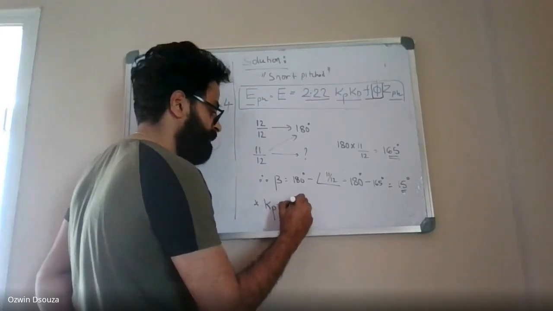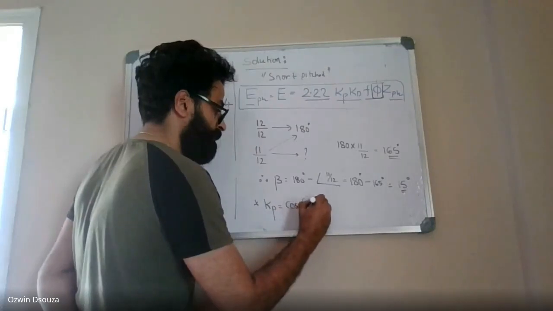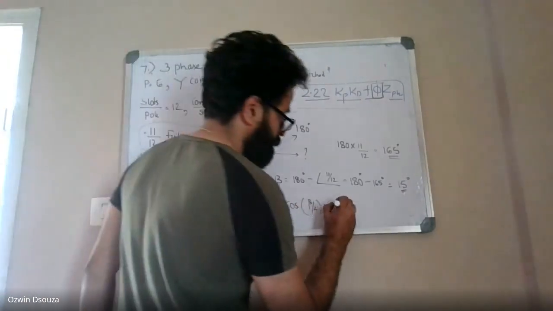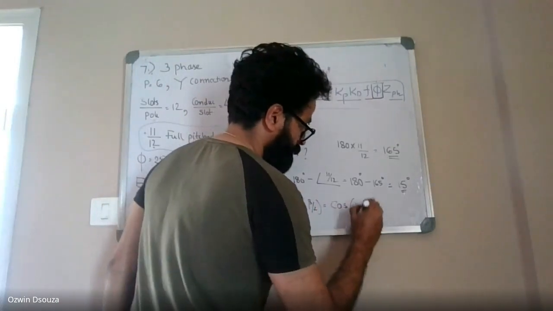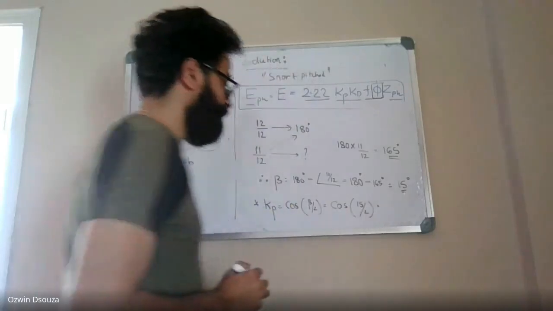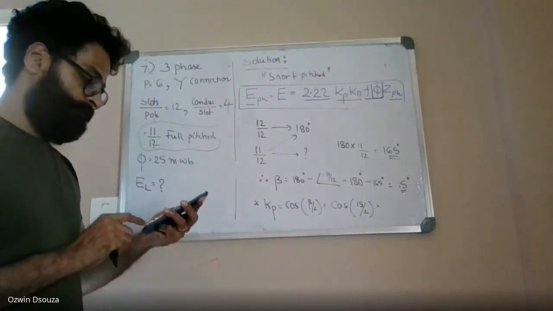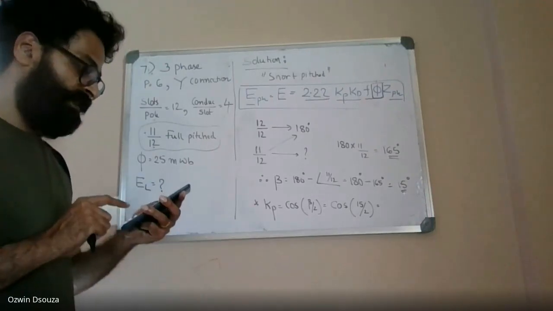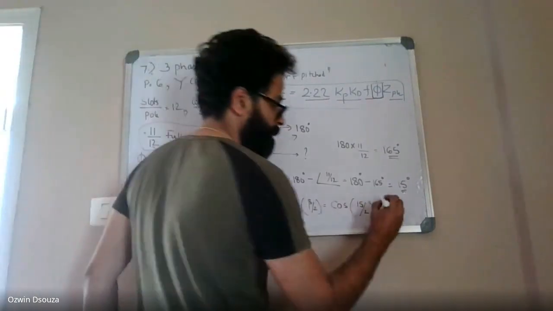Kp is equal to cos of beta by 2. So cos of 15 by 2 is 0.9914.